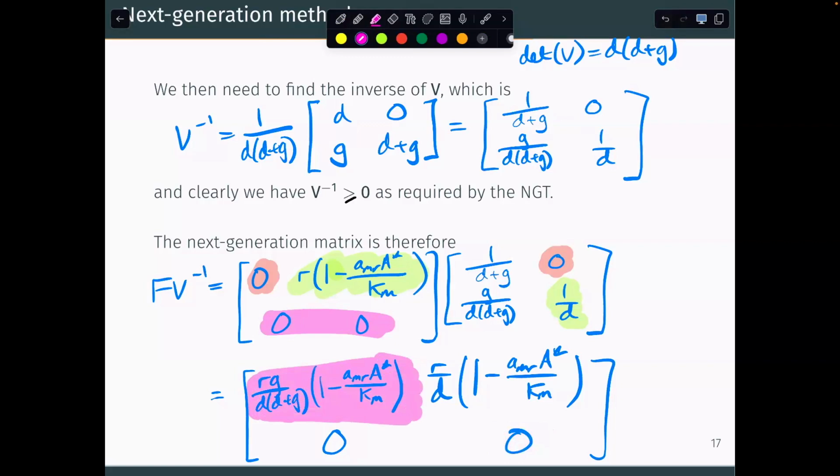So I've not had to solve a characteristic polynomial. I can just read it straight off. Like I say, you can't always guarantee this. You might have cases where the next generation matrix doesn't make things simpler. But in many, many cases it does, which is why it's so useful.